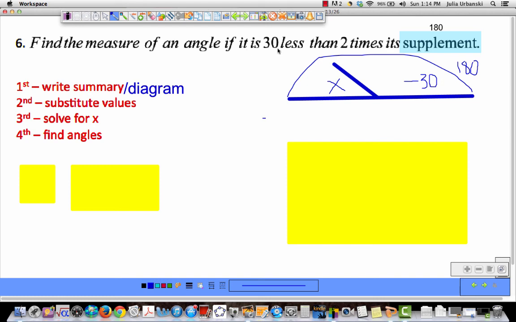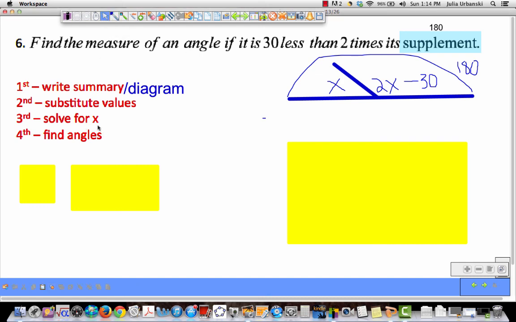It is 30 less than 2 times the other number. So it's 2 times x. And that's it. This is just like you had last week, angle addition. You're just putting two things together. So now we have x plus 2x minus 30 equals a total of 180 degrees.